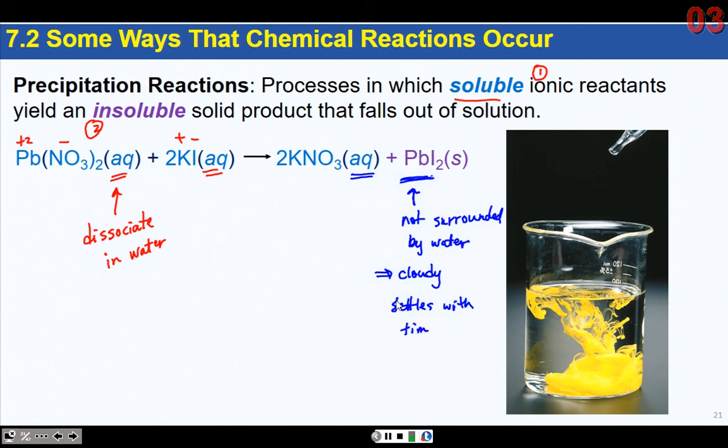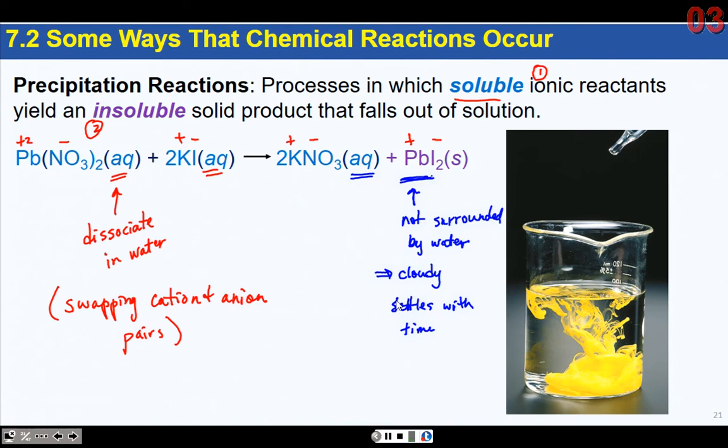So anything that goes cloudy or makes something obvious that's more opaque is a good clue that you've got a precipitate. These kinds of reactions result from swapping partners, swapping cation and anion pairs. And so, as noted from this example, you would look at the charges of the anions and cations and recognize that you're going to put a new cation and anion together in the products.